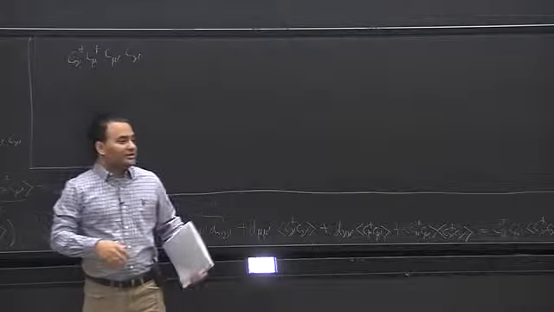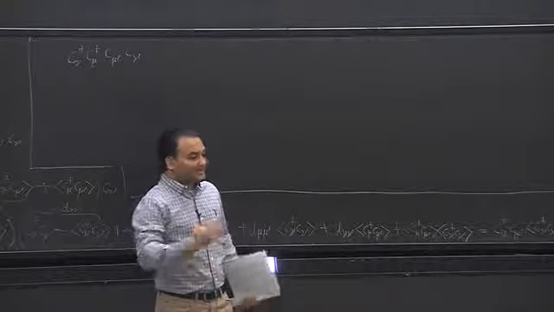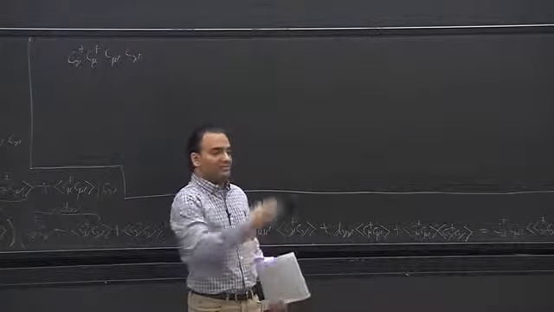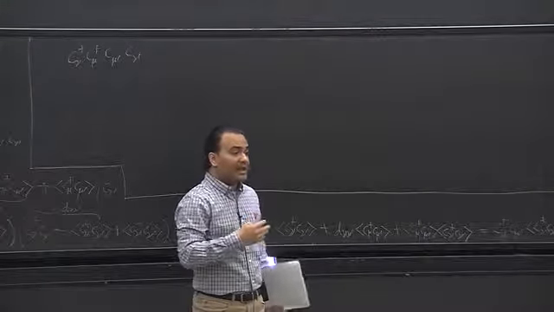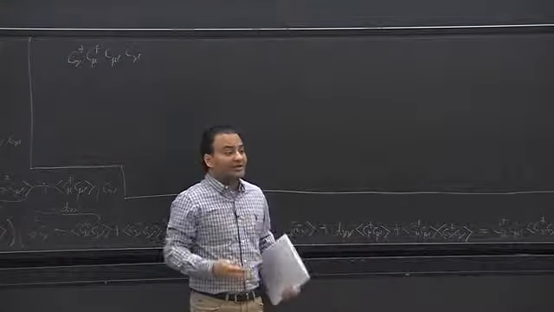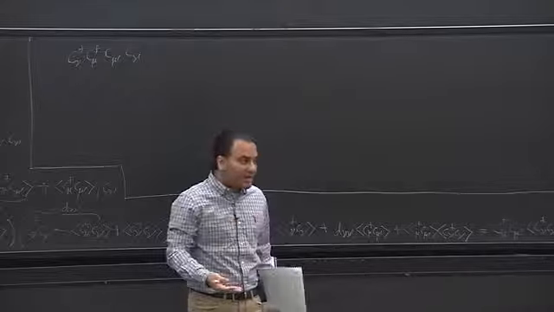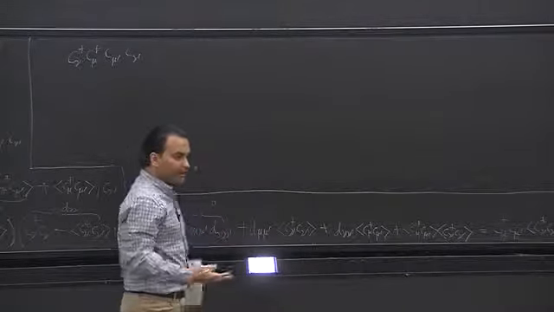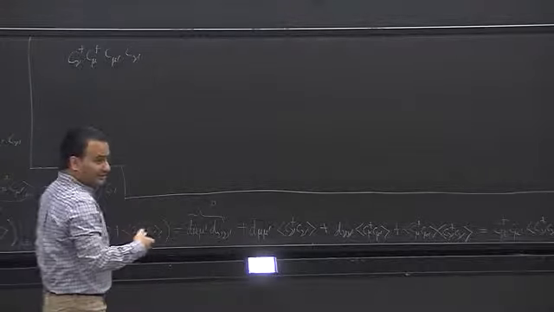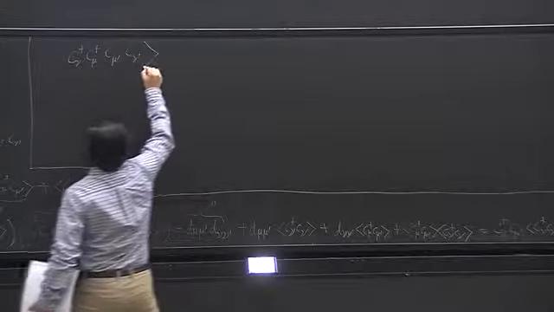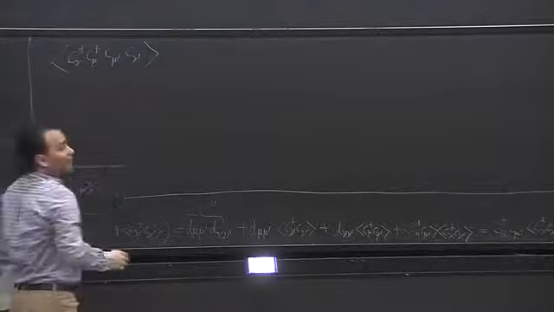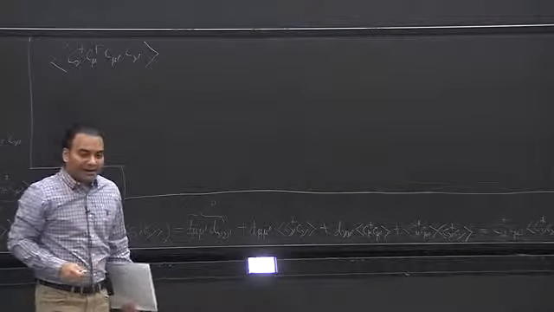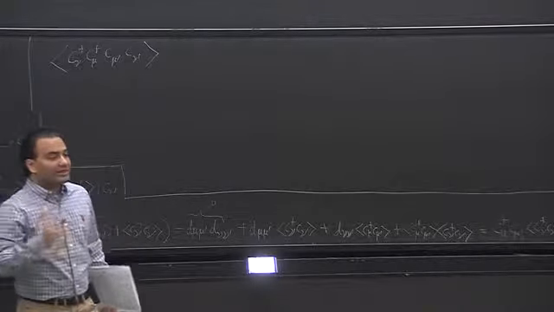Now let's try to take the expectation value of these four operators in the non-interacting ground state, in the ground state of just the single particle terms, just to get a feeling of what this term really does. So this expectation value denotes the expectation value in the Fermi sea.